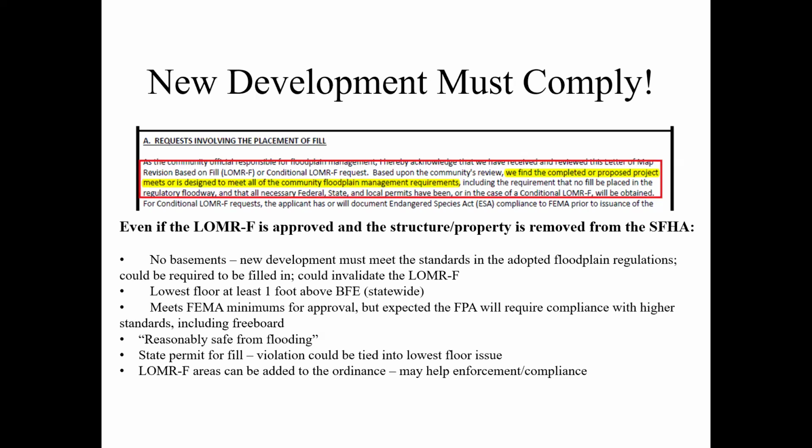So that's why it still has to be complied with, and it doesn't really line up with FEMA's minimum standards, and there's no real enforcement mechanism except for the floodplain administrator. It's not perfect, but again, LOMR-F areas can be added to your ordinance, so that we have that higher standard, where any LOMR-F property still has to comply with this ordinance, and that can help you with the enforcement aspect of it.